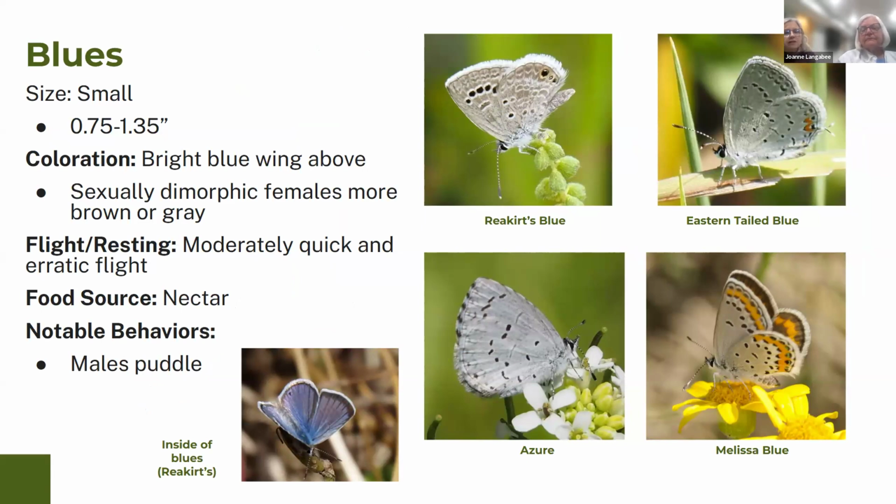Their flight is moderately quick and erratic, and it's really hard to get them to sit still long enough so you can focus on the ventral side as they keep their wings closed. But if you're patient, you can figure it out most of the time. Food source is nectar. Notable behaviors, the males like to puddle.